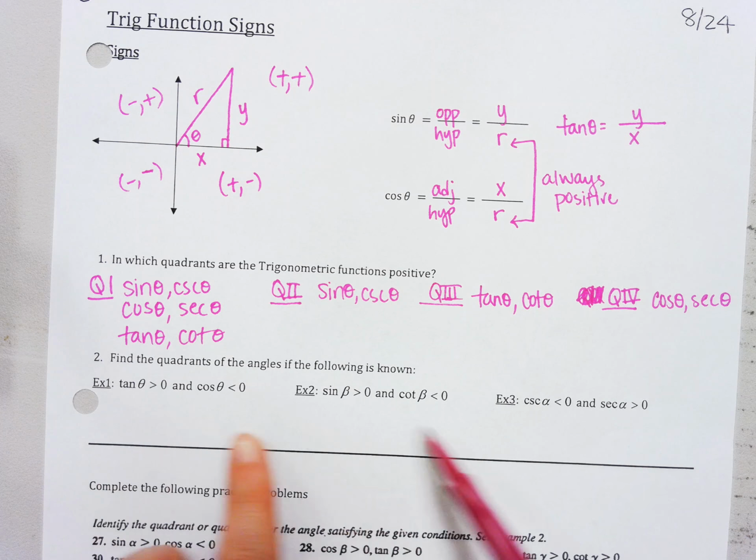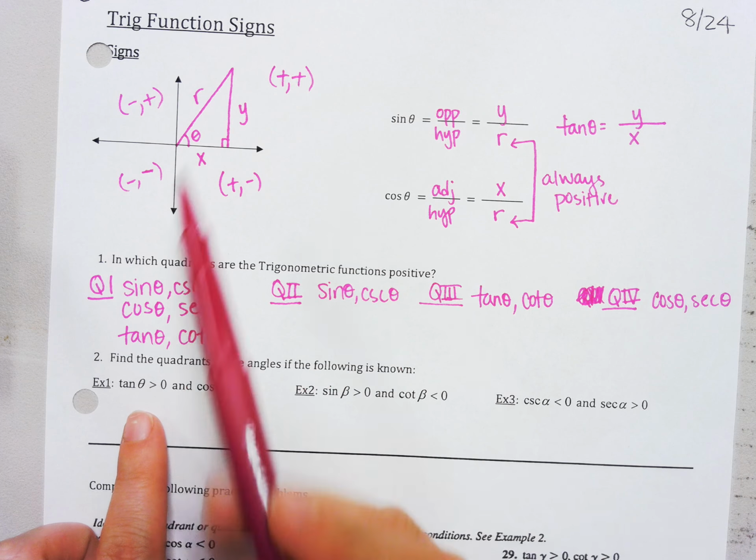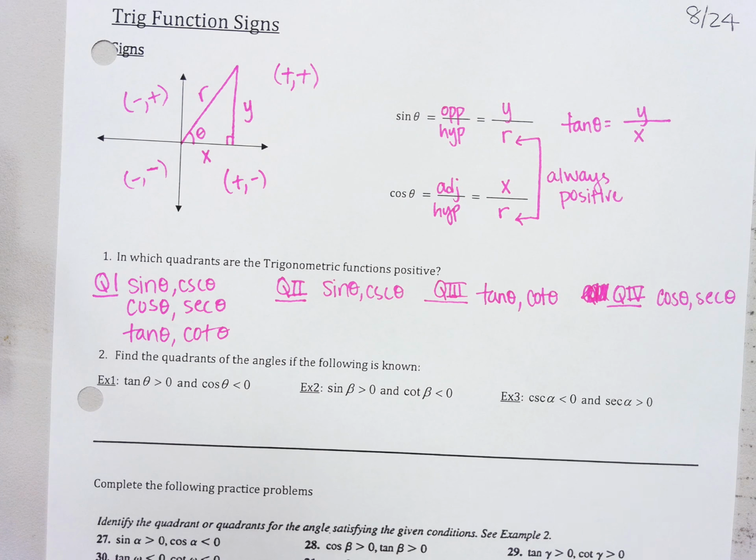So if you can read these things and understand that this means positive and negative, what we just did here, and then in reverse figure out which quadrants they lie in, you're going to be in better shape for the rest of the year.